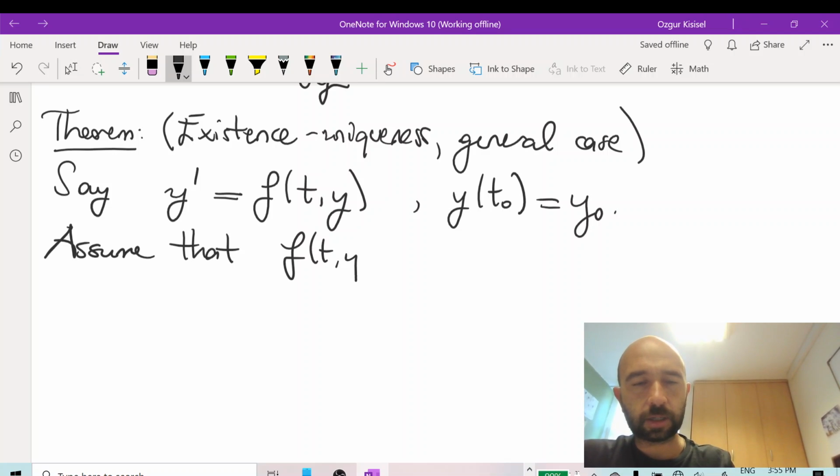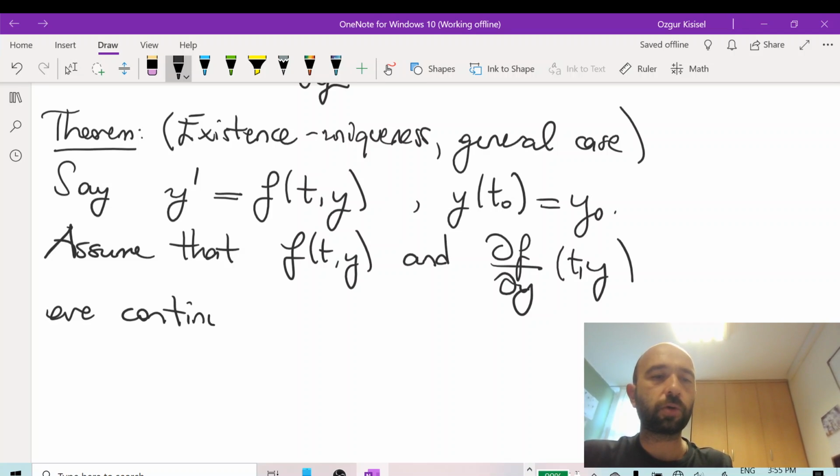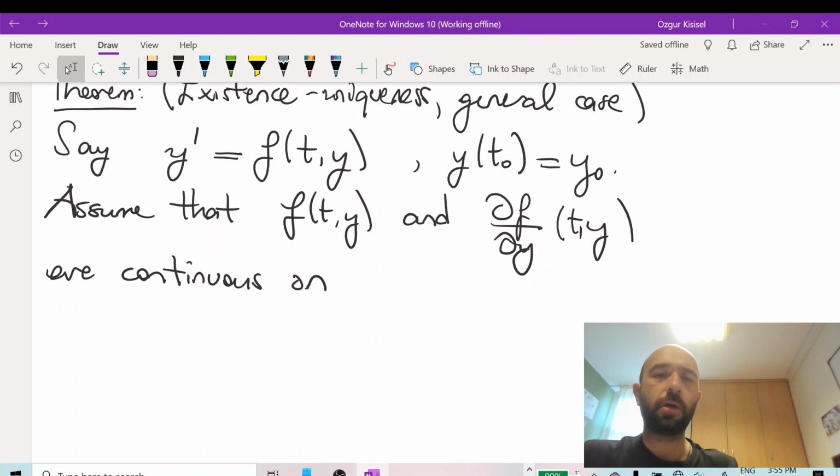f(t, y) and del f del y, as I mentioned above, this is still a function of two variables t, y, are continuous on, okay, where?